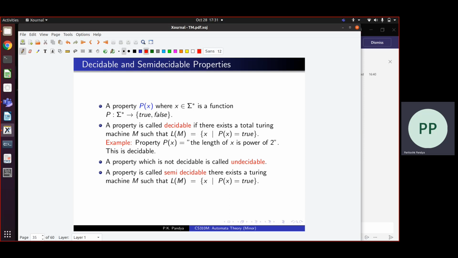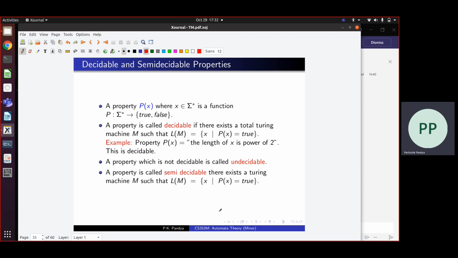So see, what does this Turing machine do? Given a string X, we want to determine whether the property holds or not. We do this by running the Turing machine. And if the property is true, then this Turing machine will halt and accept, to tell you, yes, my property is true. On the other hand, if the property is not true, the Turing machine may enter the reject state saying that the property is not true, or it may loop forever.